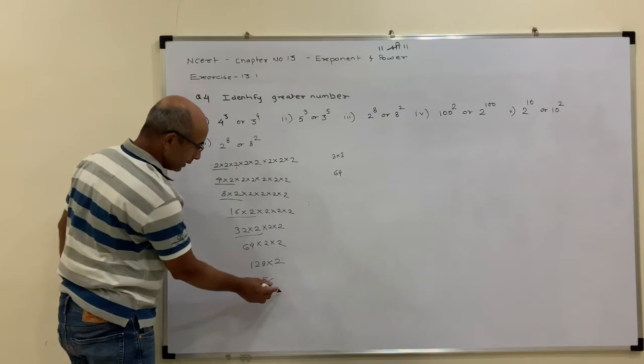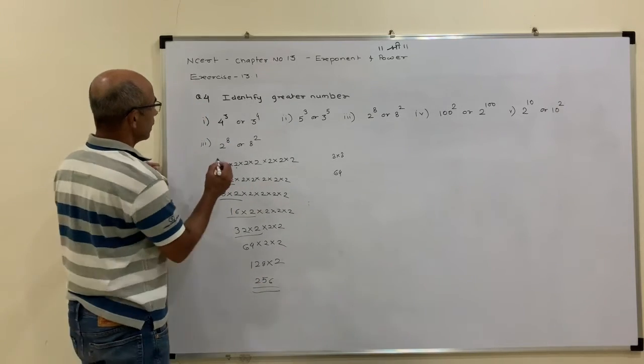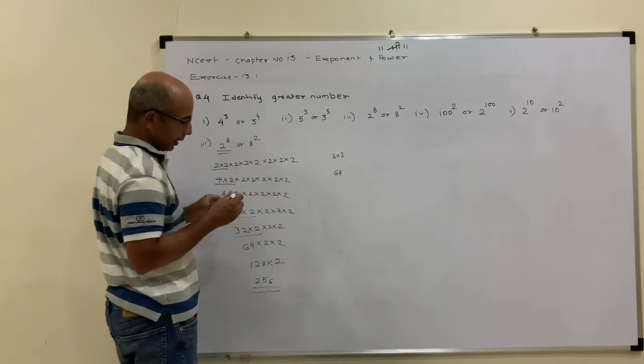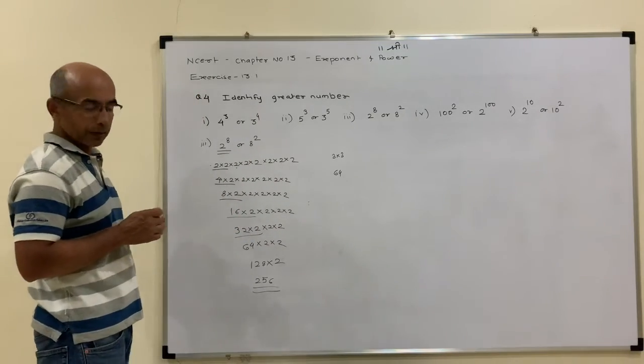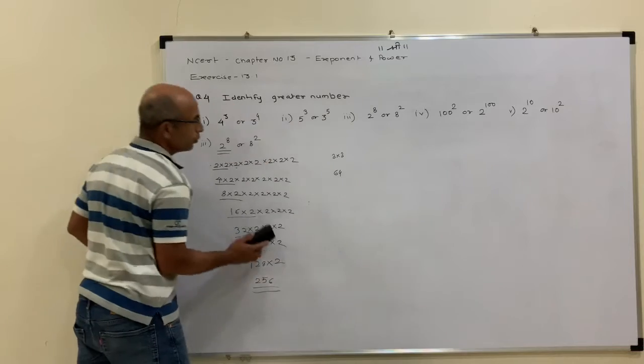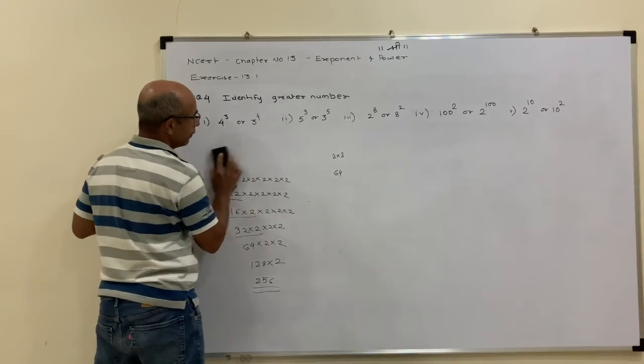So 256 is larger. So 2 raised to 8 is the larger number in case 3. Now let's move on to question 4.